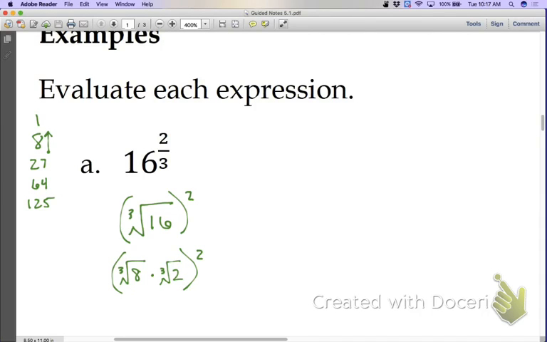What is the cube root of 8? 2, right? So what is this going to turn into? 2. So I have 2 times the cube root of 2 squared.